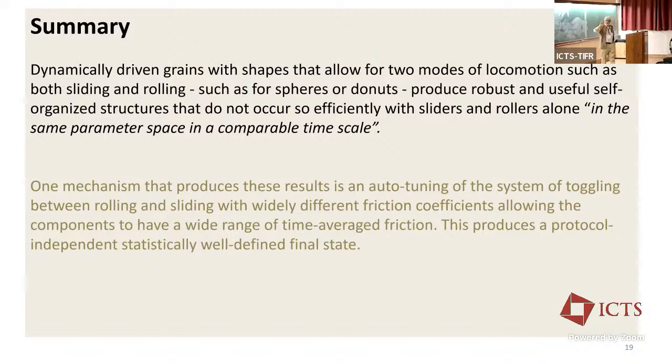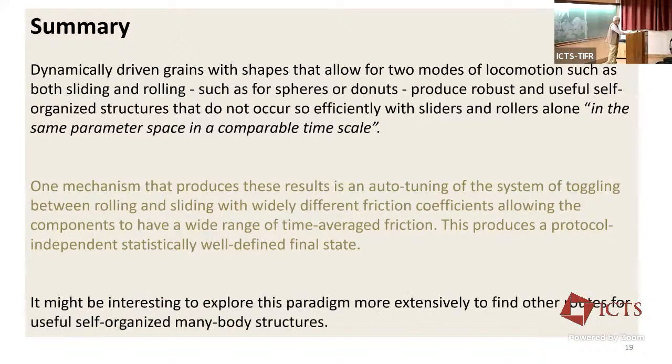In this case it is not so important, but this is the general statement. And it might be interesting to explore this paradigm more extensively. That is, if you give a system of particles two different mobilities in general, can they produce certain structures?